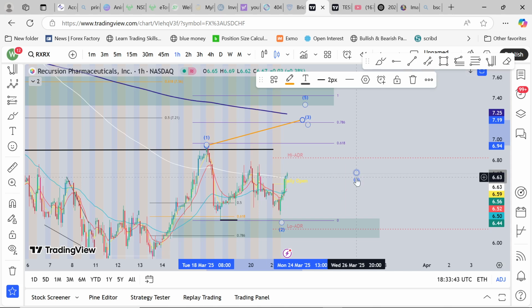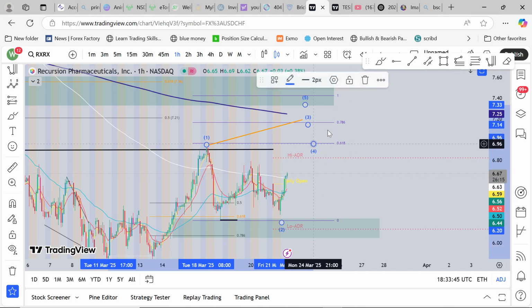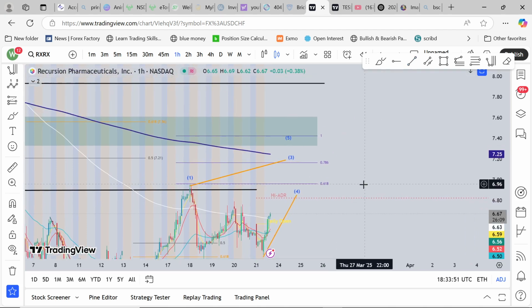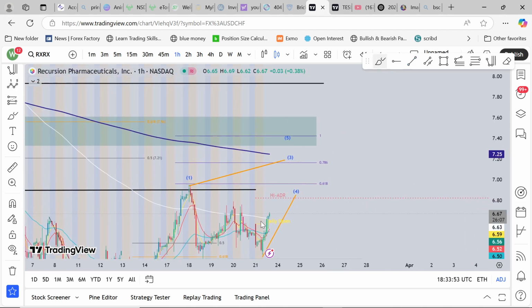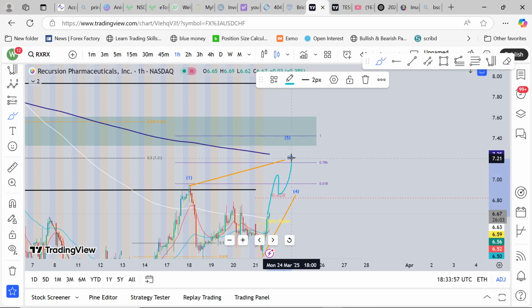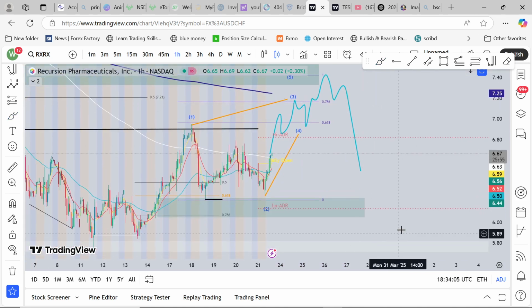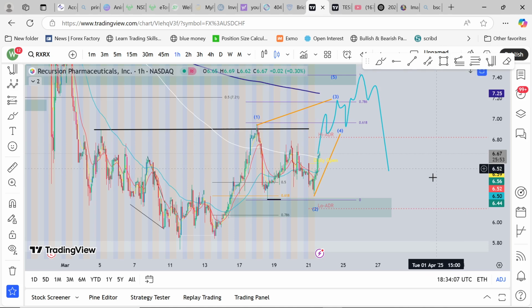And then if 4 was to be here, this line would go there. Those lines would be converging. I'd expect the 5th wave, so I'd be expecting something like this. 5th wave shorter than the 1-to-1 of 3. And then a 2-wave correction and a move back up in 3. For Recursion Pharmaceuticals.